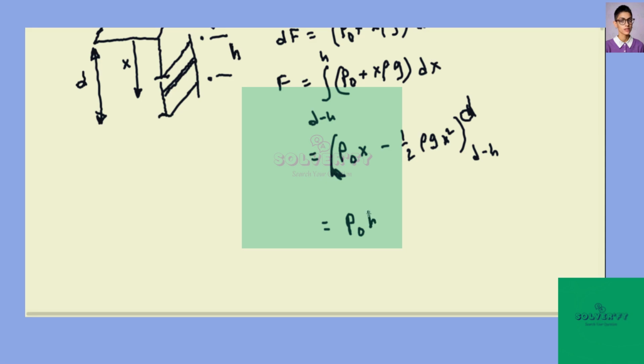The upper limit of integration is d, so that comes out to be d minus h, so P naught h minus half rho g d squared minus d minus h squared.